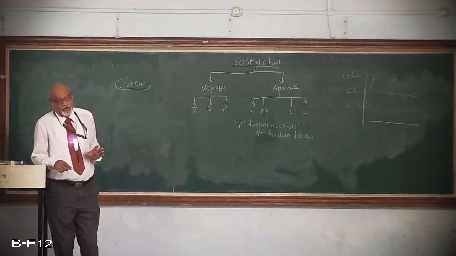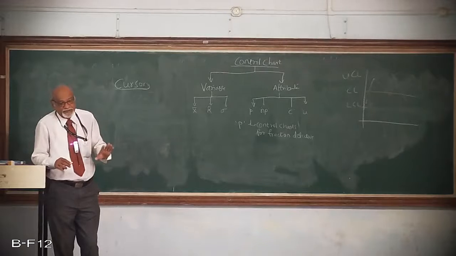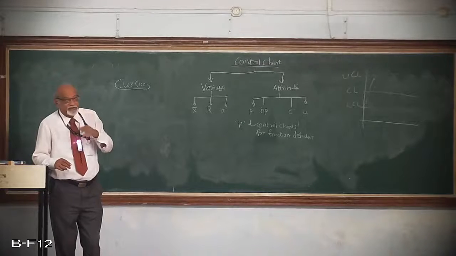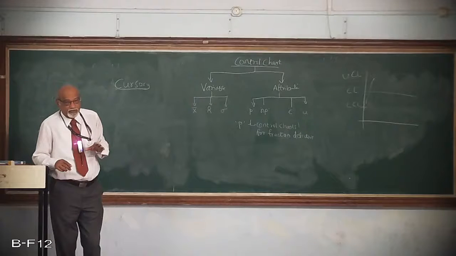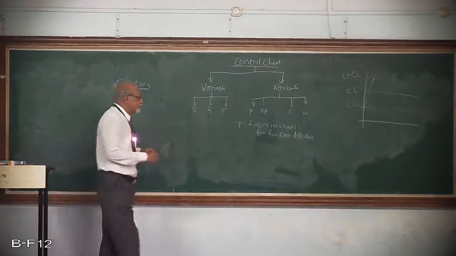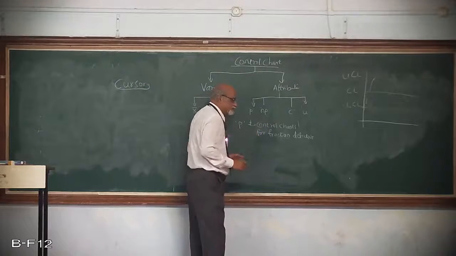Each instance of not meeting the specification is called as the defect. So already we have discussed about that one in length, so I don't want to go in depth about it. So P chart means control charts for fraction defective.